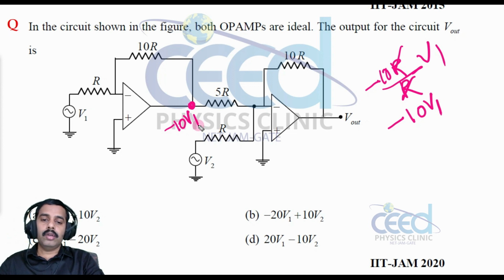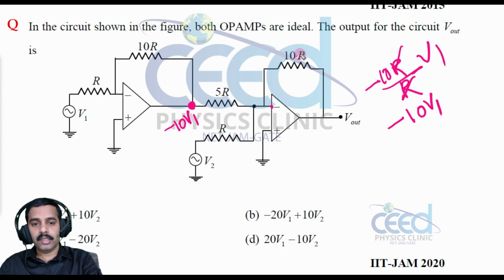Now the next amplifier also is an inverting operational amplifier, but there are two inputs applied to this inverting terminal. So due to the first input, that is the output of the first operational amplifier, what is the output?